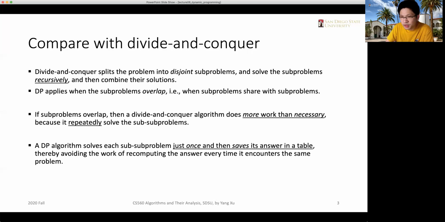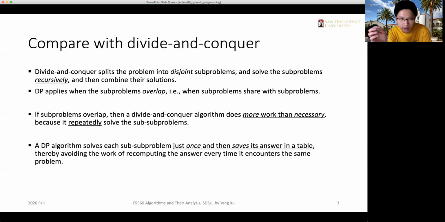And the DP algorithm solves each sub-problem just once. After it is solved, it will save the solution to that specific sub-problem in a table. Okay, so the next time the algorithm encounters the same problem, it will just look up the table to check if the same sub-problem already exists.